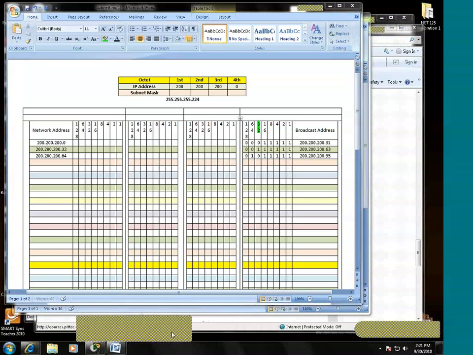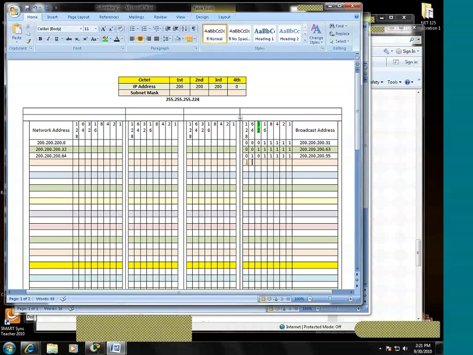Is that all right? Okay, and what's the next least combination in terms of our network bits? What is it? Put a 1 there and make it 128. Okay, why would we go from 95 to 128? If the previous broadcast address is 95, then the next value is going to be what? 96. So how do we create 96?